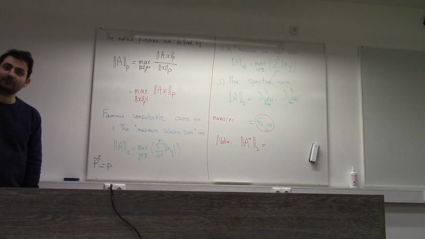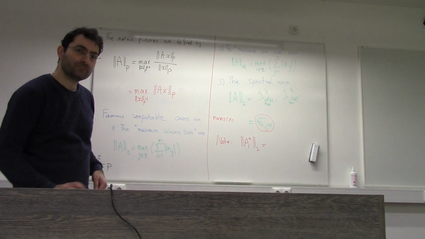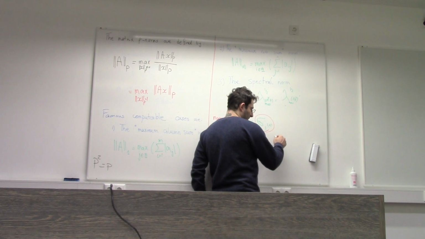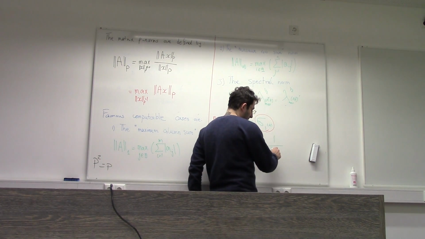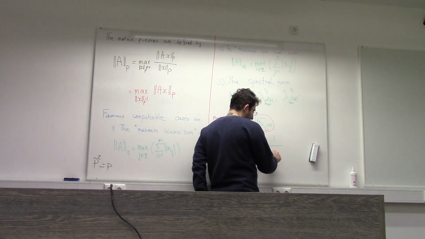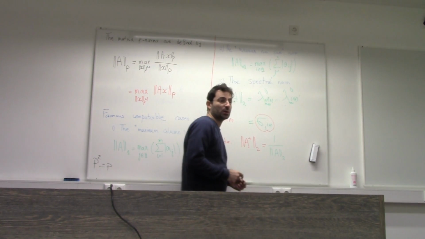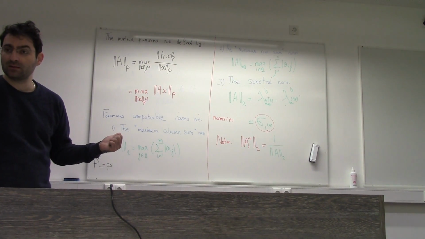Reciprocal. Reciprocal of what? Norm A2. 1 over the norm A2. Okay, don't write anything. Let's first write what you suggest and see which one is correct. Any objection? Dana?